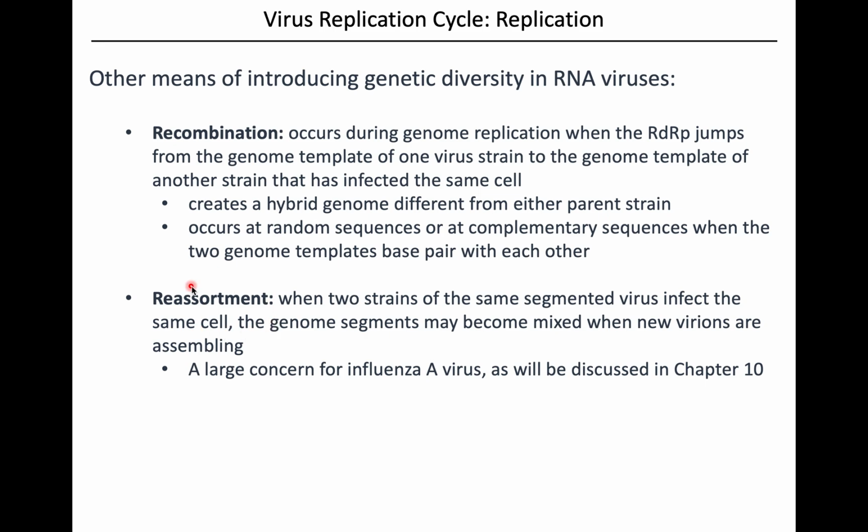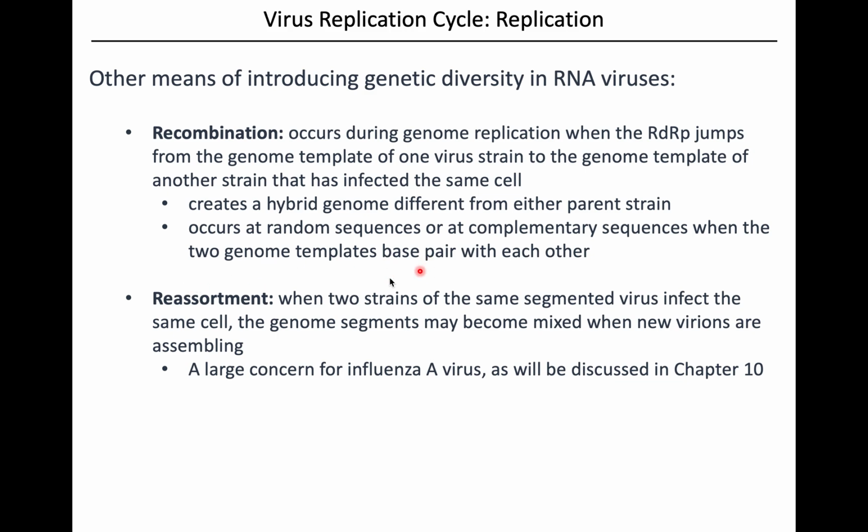And then you also have this phenomenon called reassortment. This would only apply if you have a segmented virus, meaning the genome consists of multiple molecules. So if you have two strains of a segmented virus infecting the same cell, when that virus is assembling new virions at the end of the infection cycle, it has to make sure it gets the correct number of RNA molecules into that virion.